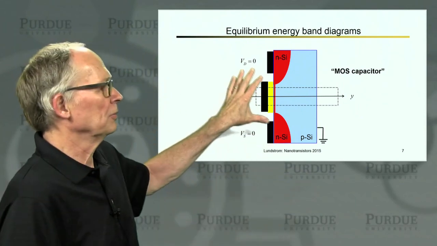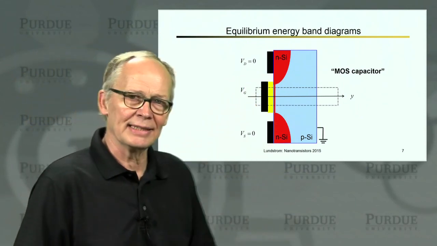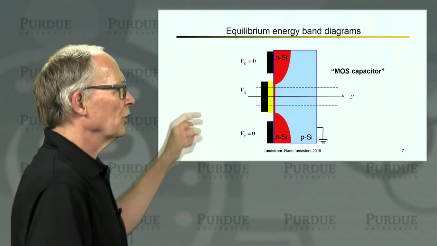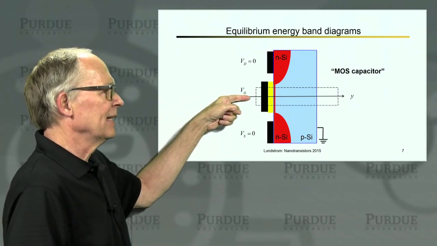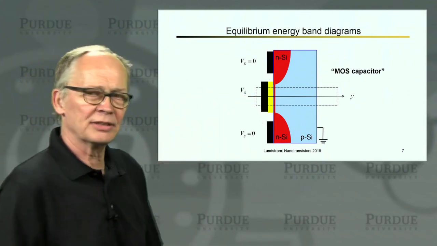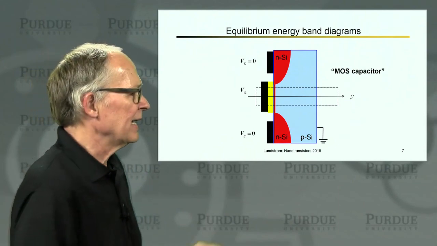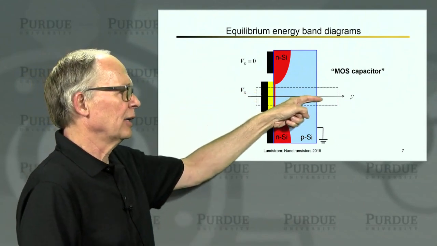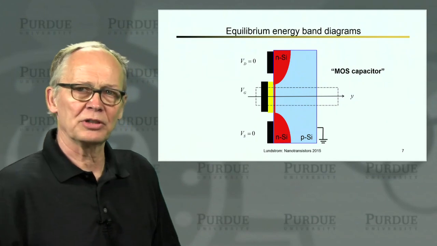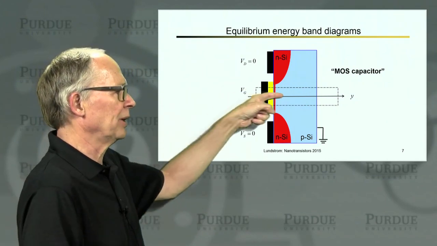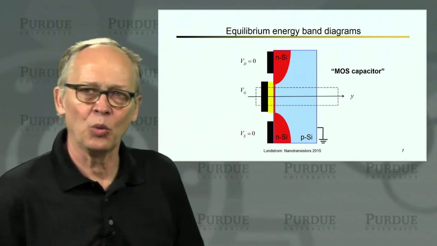Now, here is our cross-section of the MOSFET flipped on its side. So we're going to be interested in most of the lectures in this unit in drawing energy band diagrams normal to the surface, normal to the channel, into the depth of the semiconductor. We're going to call that the Y direction.